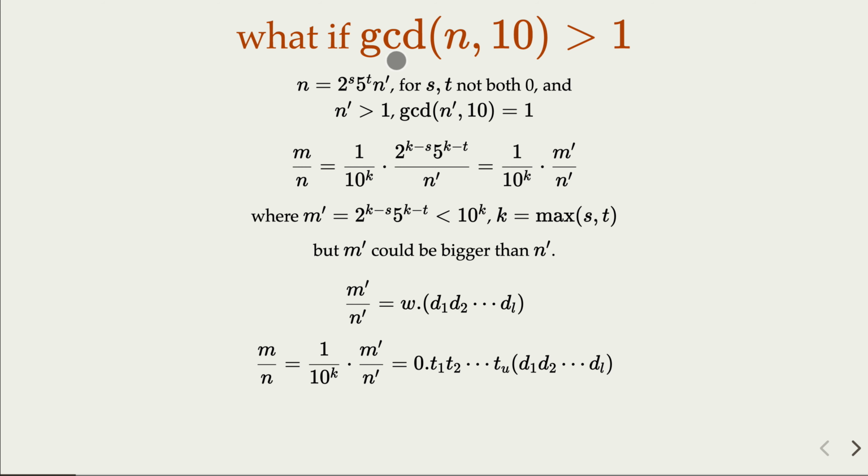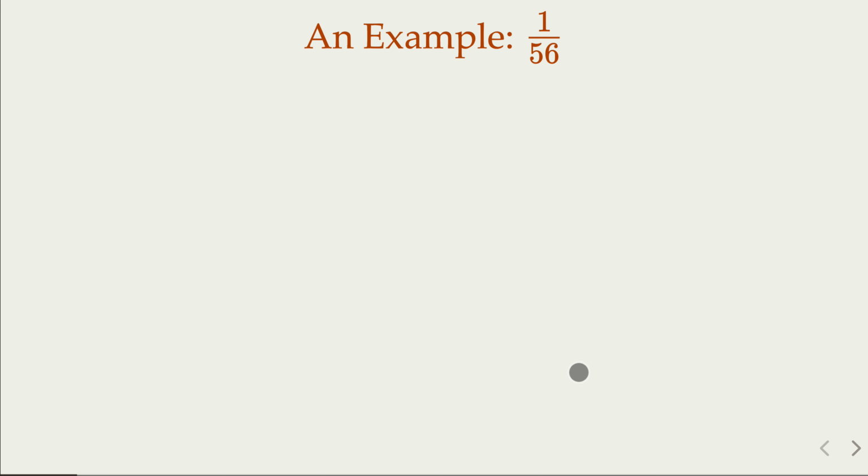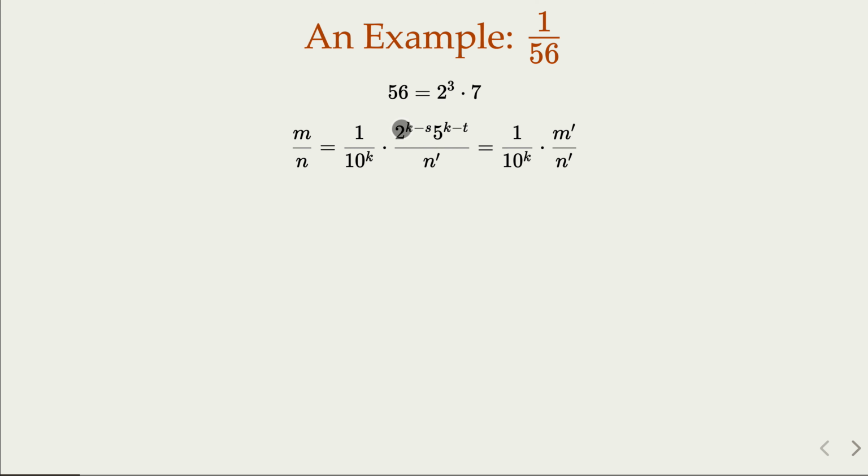That is, if the denominator has common factors 2 and 5, then you will have mixed recurring decimals. Now we're going to try an example here. 56 is 7 times 8, and 8 is 2 to the third power. So we apply this trick here, and we're going to multiply by 5 to the third.